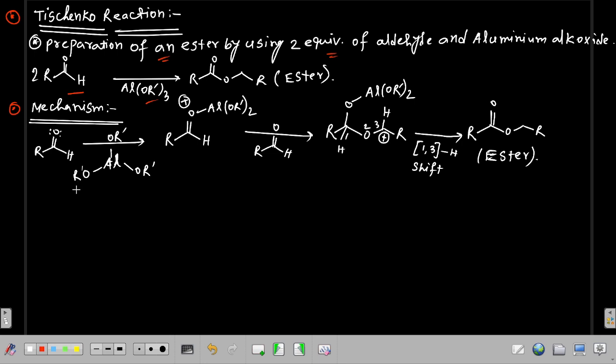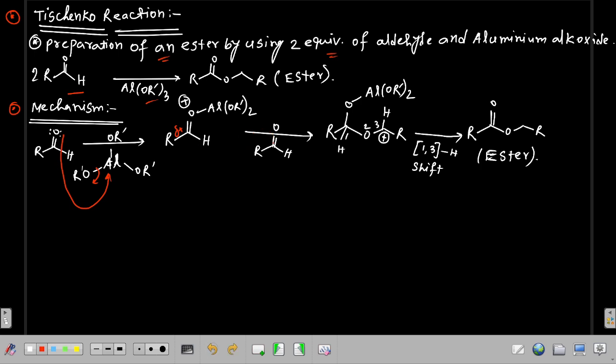Mechanism starts with the aldehyde. Oxygen has one lone pair, so this lone pair will attack the aluminum alkoxide and remove the alkoxide, and it will form this oxygen-aluminum bond. This bond is a more electrophilic center, so this bond will break.